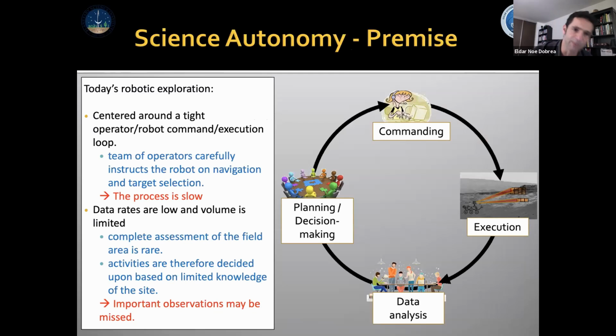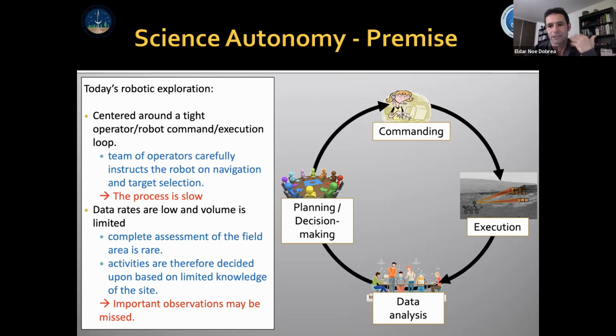So here's the premise. Today's robotic exploration is actually centered around the tight operator and robotic command and execution loop, meaning that there's always a team of operators that carefully instruct the rover on navigation and target selection. They're basically telling the rover, move 1 meter forward, turn this much, go 1 meter forward, point your camera there, take this image.